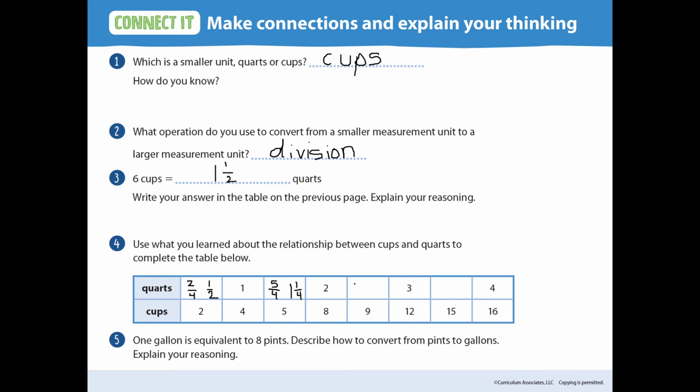9 cups, if we divide 9 by 4, we can write it like this and get 9/4, and that is the same as 2 2/4, which is 2 1/4.